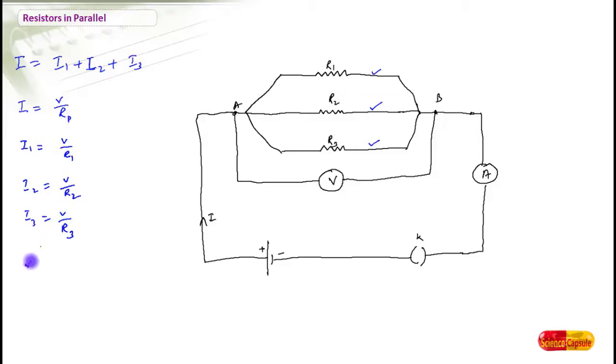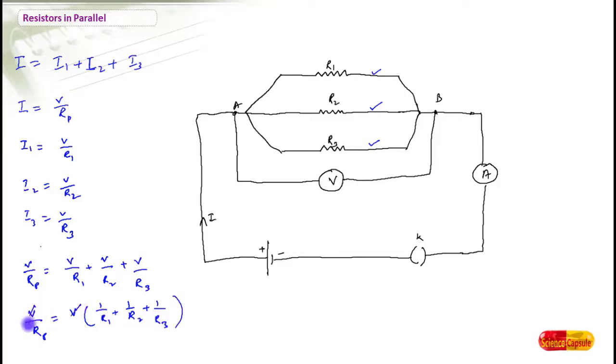So we can write V by Rp is equal to I1 plus I2 plus I3. The value is V by R1 plus V by R2 plus V by R3. By taking V as common, we will get V by Rp is equal to V times 1 by R1 plus 1 by R2 plus 1 by R3.